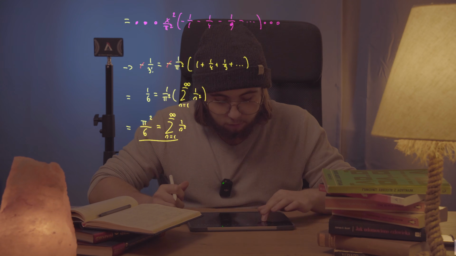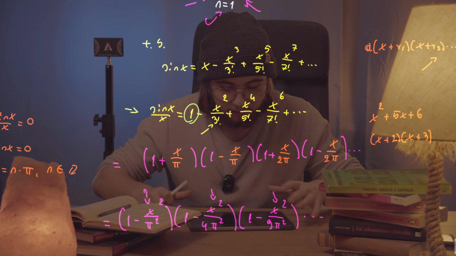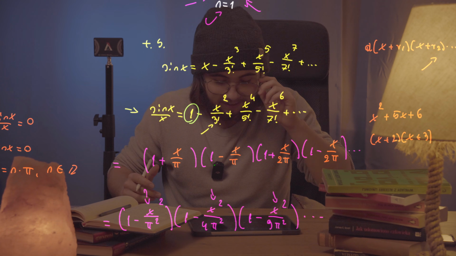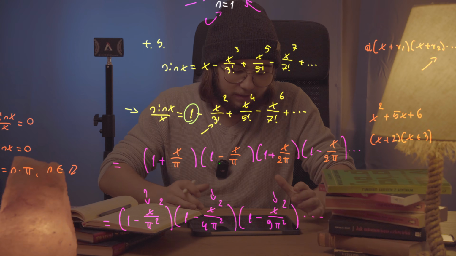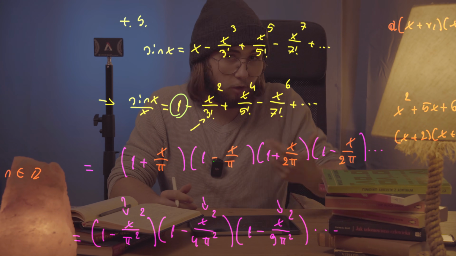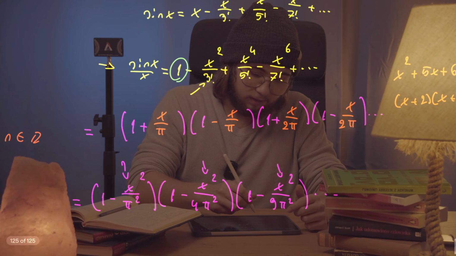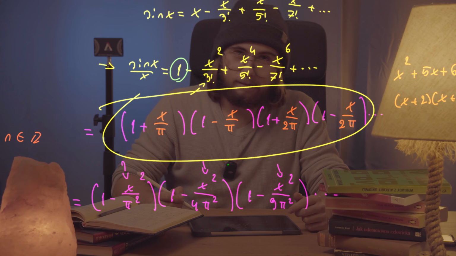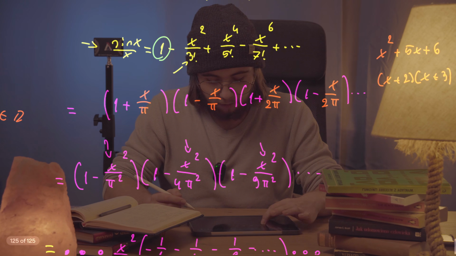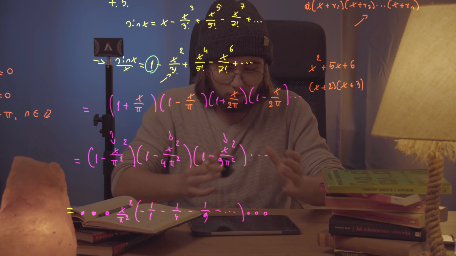So what did we do to solve this problem? Once again, what we did is we, for some reason, tell me why, Euler, considered the Taylor expansion for sine of x, and then for sine of x all over x. We factored it into binomial coefficients multiplied all together.